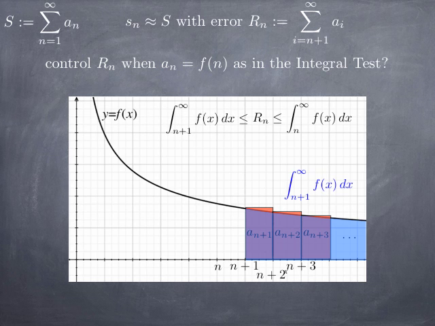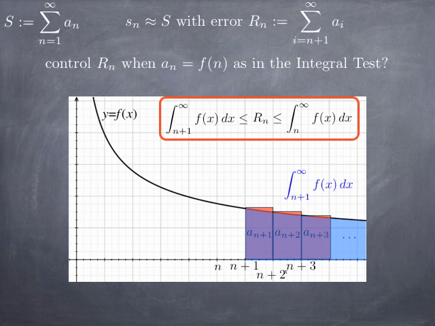And therefore, R_n is greater than or equal to this integral from n plus 1 to infinity of f. So the error that we make when we estimate the total sum S by a partial sum S_n is between the integral from n plus 1 to infinity of f and the integral from n to infinity of f.